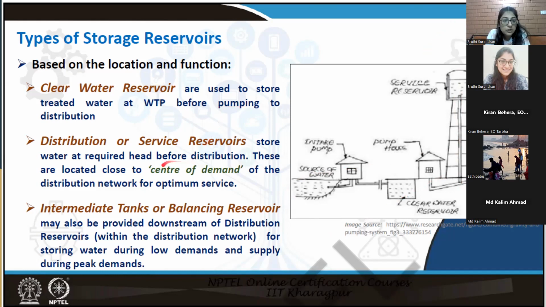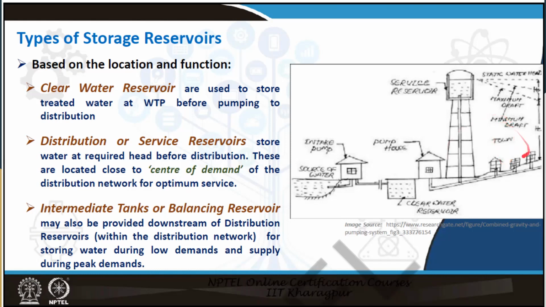So service reservoirs or distribution reservoirs are placed at the center of the network, and an intermediate tank or a balancing reservoir is provided after the service reservoir, somewhere in between the point of demand and the distribution reservoir, for storing water during low demands and supplying during peak demands. That is, when the demand for water is low, the water can be stored over here.